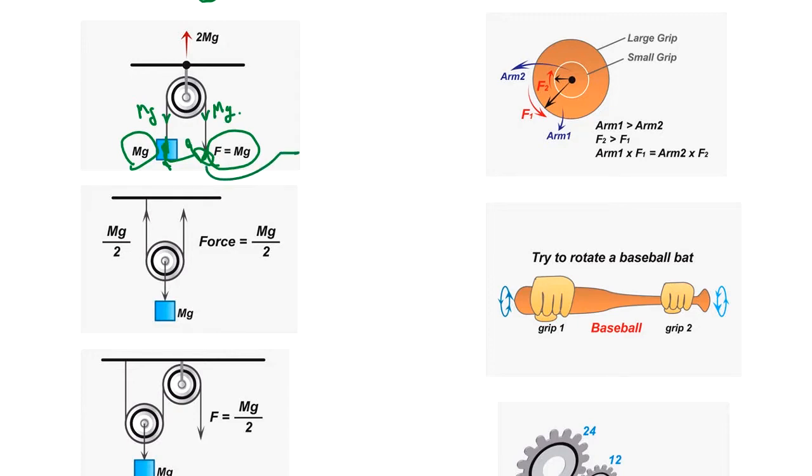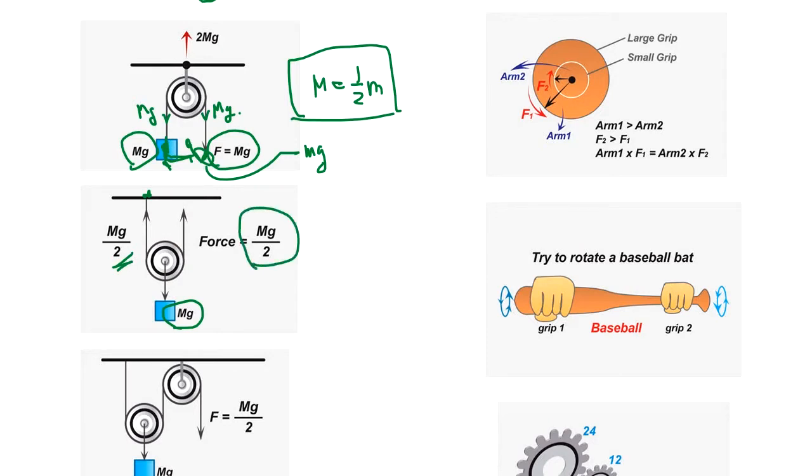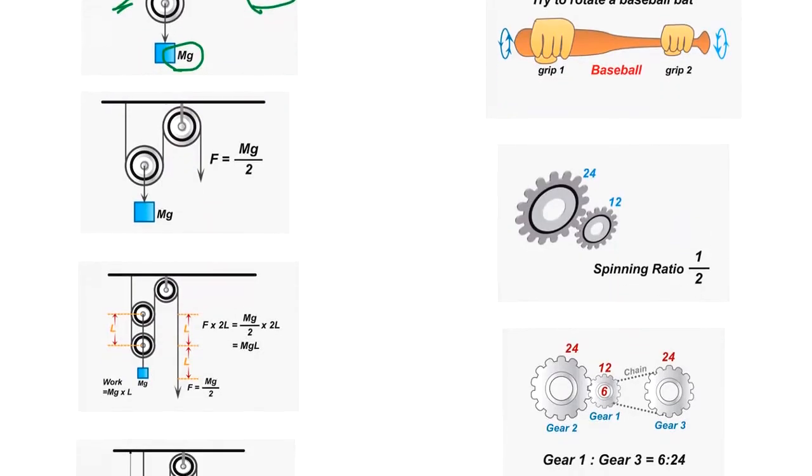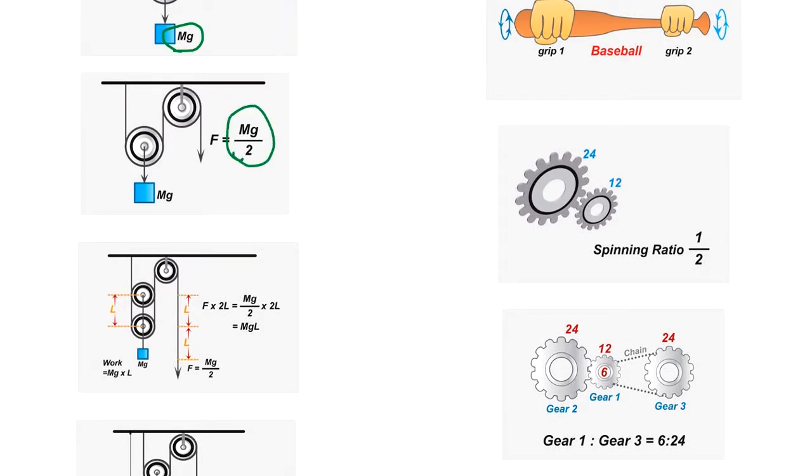If your weight is mg, then the tension is going to be half of your weight. So if you do this, you can pull yourself up with half the force. Now the same thing you can do by this: the tension is half, so you need only half the force. And if you don't want to pull up, you can pull down with half the force.